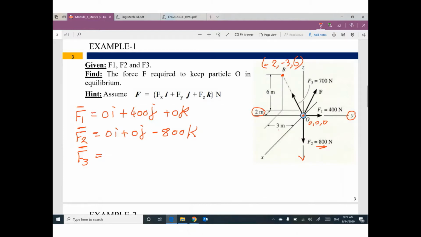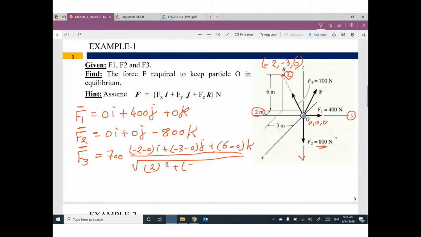So I can figure out F3 as a vector equals 700 times the second point minus the first point: negative 2 minus 0 i, negative 3 minus 0 j, positive 6 minus 0 k, divided by the square root of 2 squared, 3 squared, 6 squared. Simplifying, this is negative 2i, negative 3j, positive 6k divided by the square root of 4 plus 9 plus 36, which is 7, times 700.